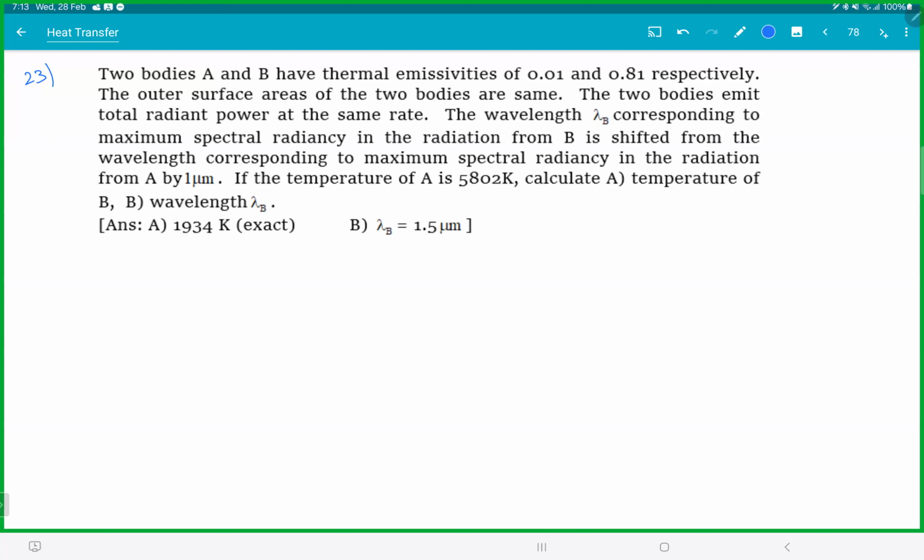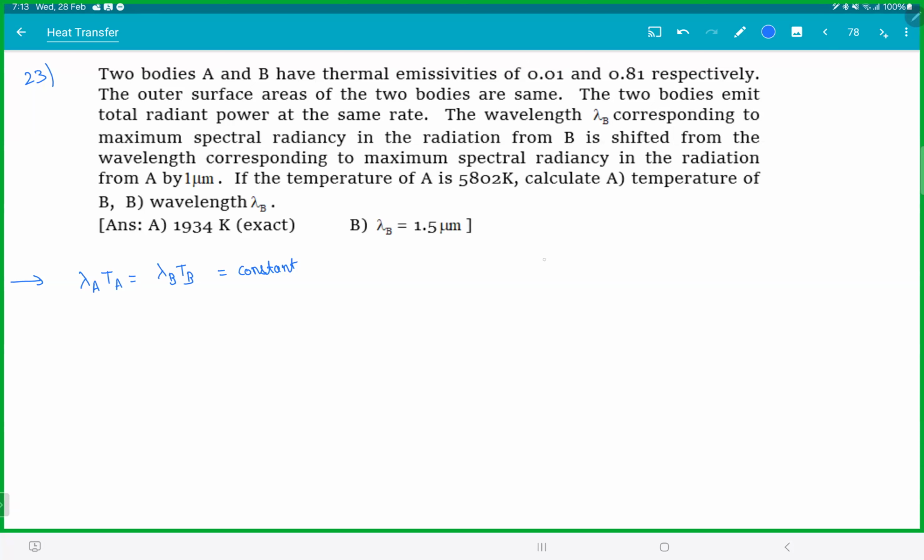He's saying two bodies A and B have thermal emissivity, right? The outer surfaces of the two bodies are the same. Meaning lambda A TA is equal to lambda B TB. That's your first thing. Because the outer surfaces are the same, whatever is constant should be the same. Agreed? Then he's saying the wavelength lambda B corresponds to the maximum spectral radiation from B shifted by this.